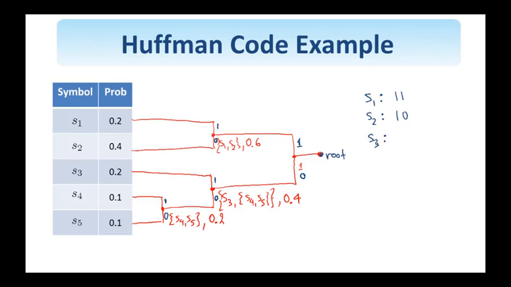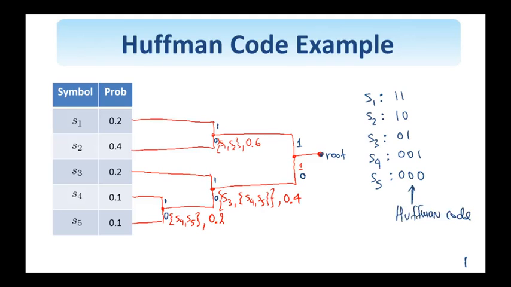The code word for S3, I start at the root, so I go through a 0 and then N1. S4 is 0, 0, 1, and finally S5 is 0, 0, 0. So this is the Huffman code for this particular source.